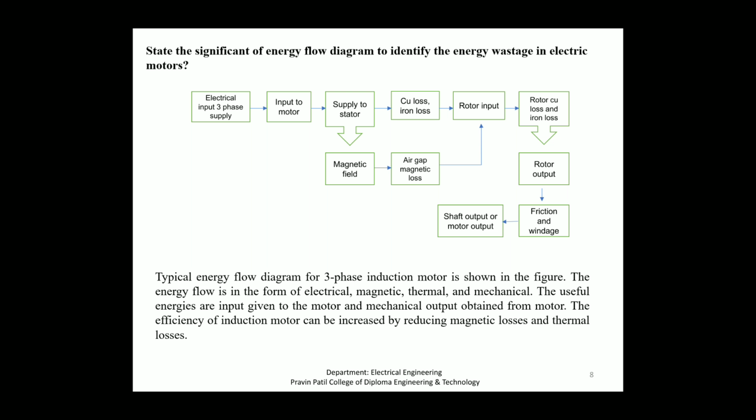So, the gross mechanical power developed has to supply these losses. Therefore, the net output power developed at the shaft, which is finally given to the load, is the output power.